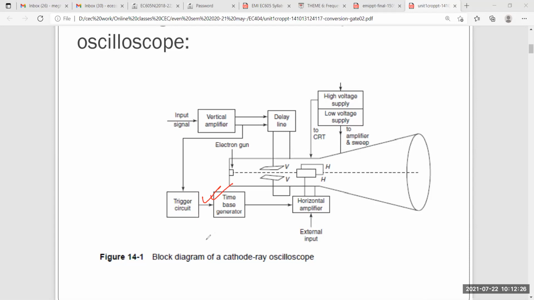The circuit which develops this ramp voltage is called a time-base generator, or sweep generator. The output of the sweep generator is called the sweep voltage. I'm writing here: its output is sweep voltage.